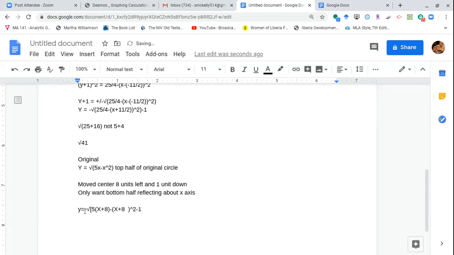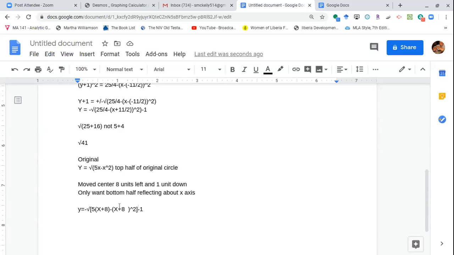Why don't I square the first part? Because it wasn't squared here. You see that? So my root is everything in the brackets. Now I have to do a bunch of manipulation.